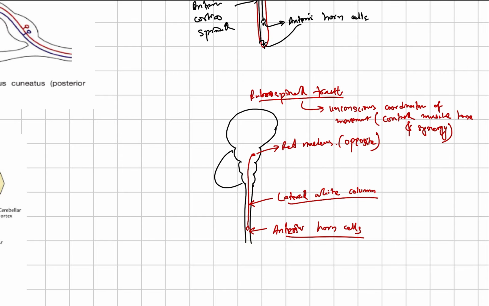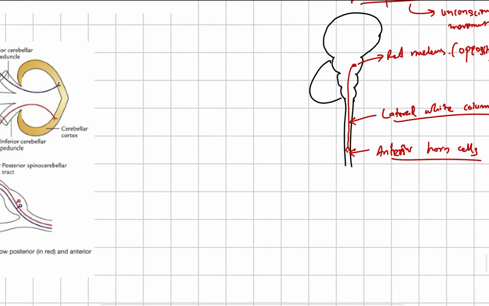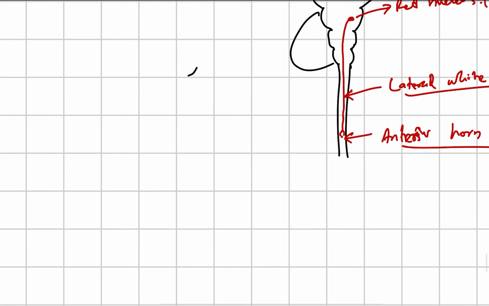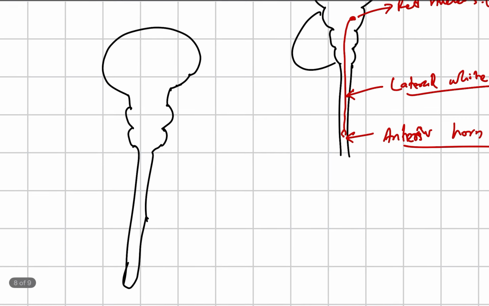Now moving on to the vestibulospinal tract. For the vestibulospinal tract, here again are the midbrain, pons, medulla, and spinal cord. When we look at its origin, it is the vestibular nuclei.